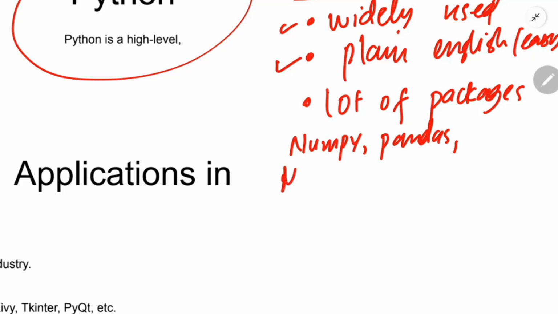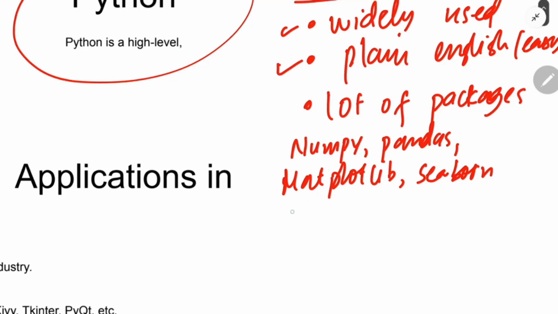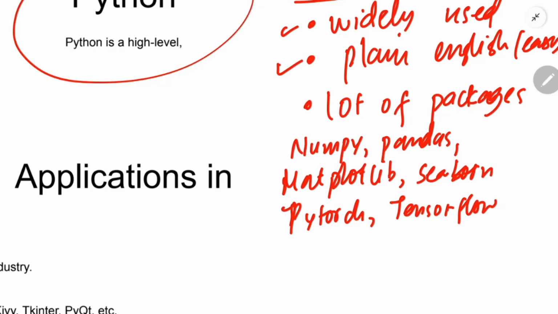Then we have Matplotlib, then there is Seaborn. They are basically used for plotting if you want to plot some graphs and stuff like that. So a lot of packages are there, like PyTorch, which is used in deep learning. Then we have TensorFlow, which came from Facebook actually. So it has a huge library support as well.